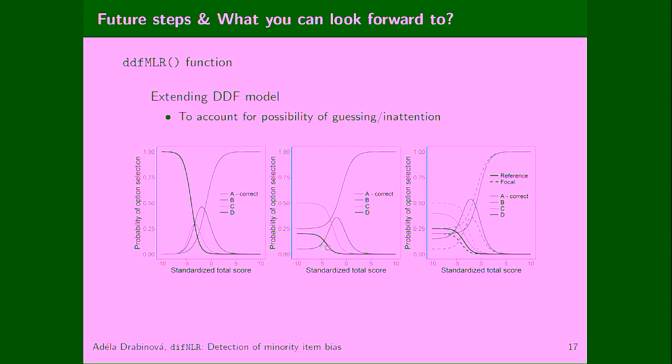So we are desiring this kind of model, and moreover by introducing group membership to be able to test also DDF. Unfortunately, the situation in this model is something like that, so if you have any ideas how to handle these models, any ideas are very welcome.